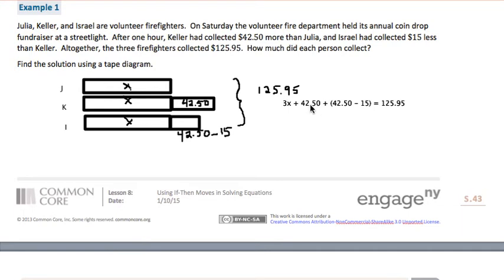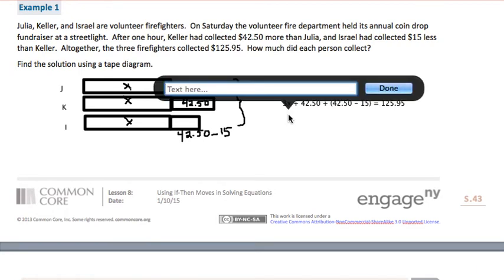Then next, all we really need to do is start combining numbers and like terms. So that would give us 3x plus 42.50 plus 42.50 minus 15, which is 70, equals 125.95.